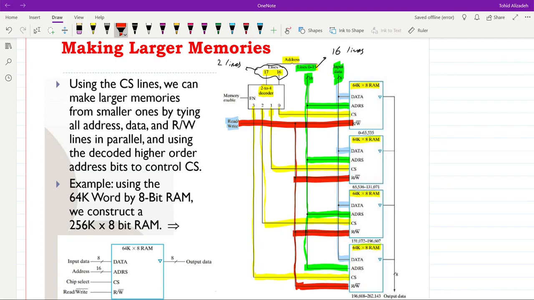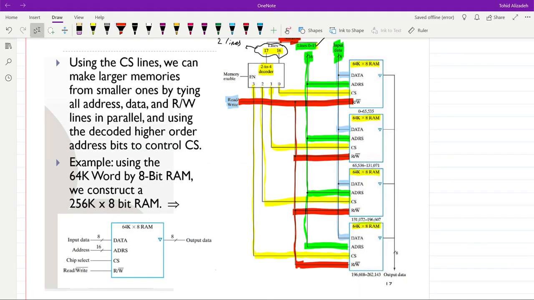So with these 18 lines of address, we will pick an element in one of the smaller memory ICs. And then depending on what we have for read-write, the data that we have at the input side, we can write the data into them, or we can read.